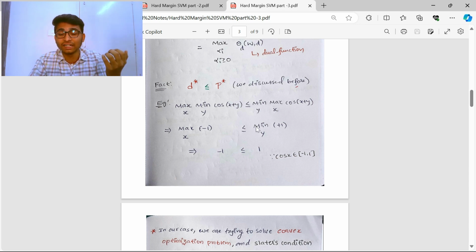Let's see whether it satisfies the condition or not. What will be the maximum of the cos value? It is plus 1, right? Because its range is from minus 1 to 1. I have written the maximum, and I have written the minimum value, and the maximum of minus 1 for what value of x? It is not depending on anything, so it's minus 1 and 1, so the inequality holds.